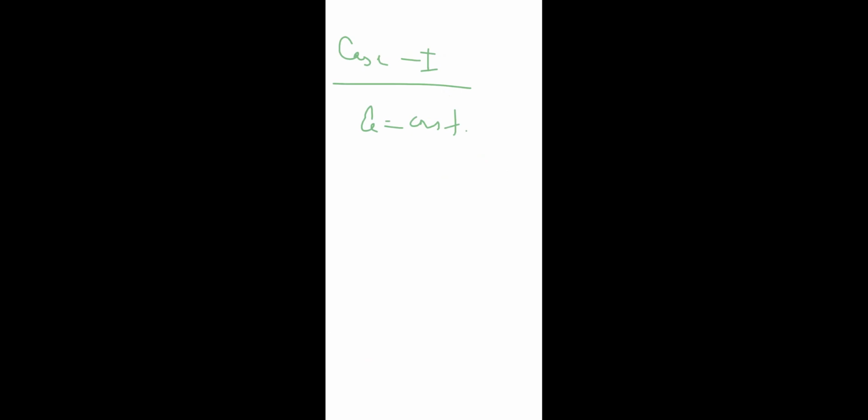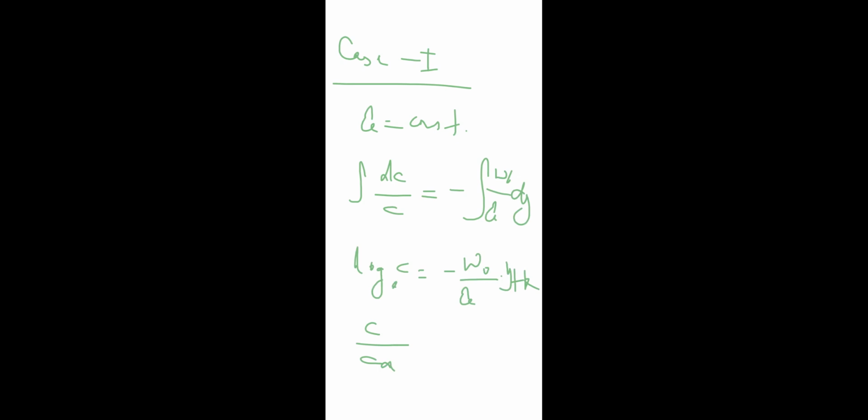In that condition, we can write dc by c equal to minus w naught by psi into dy, and integrate both sides. ln C equals minus w naught by psi into y plus k, and finally we get Ca by C equal to e to the power minus w naught by psi into y minus a. This value is not much useful for our competitive exam.